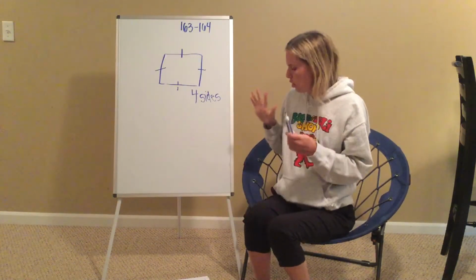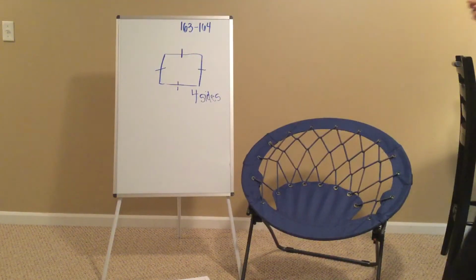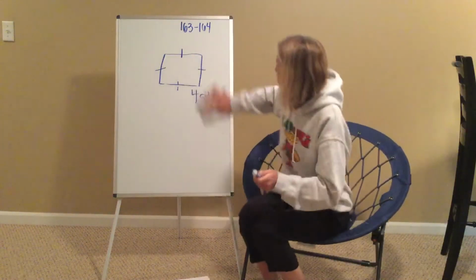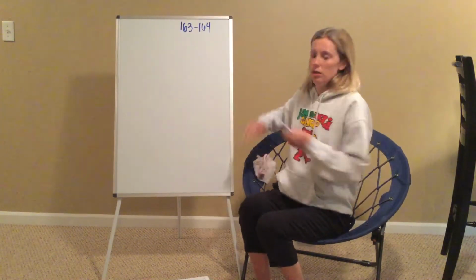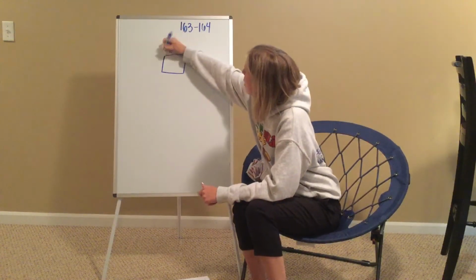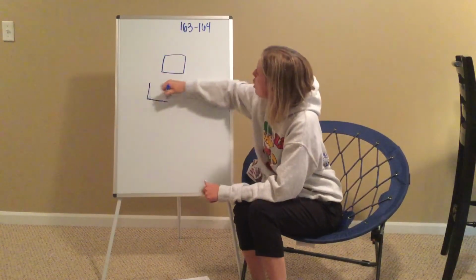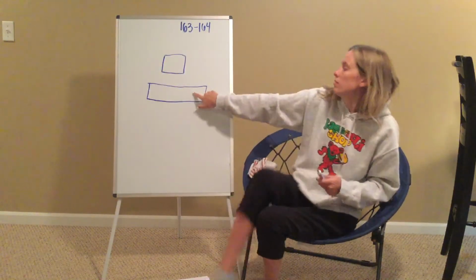Now, let's look at a couple of shapes. To get a comparison between a square, I'm just going to tell you it's a square, and this shape right here. Who knows what shape this is?